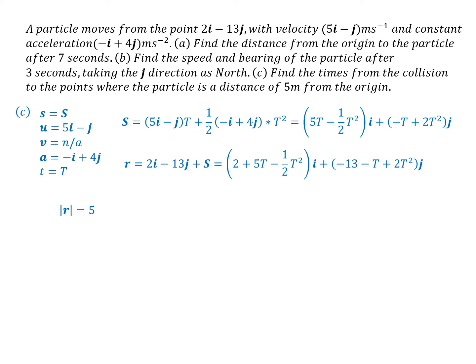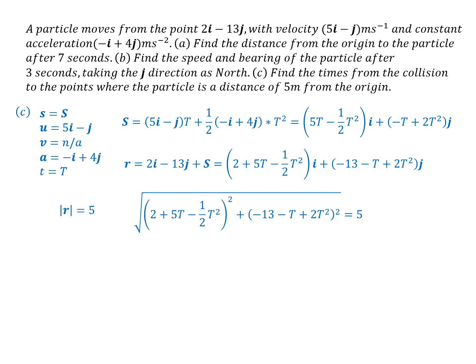So we're told that the magnitude of this vector is 5, or the distance is 5 meters from the origin. So what we need to do is find the magnitude of this rather intimidating looking vector and make that equal to 5.